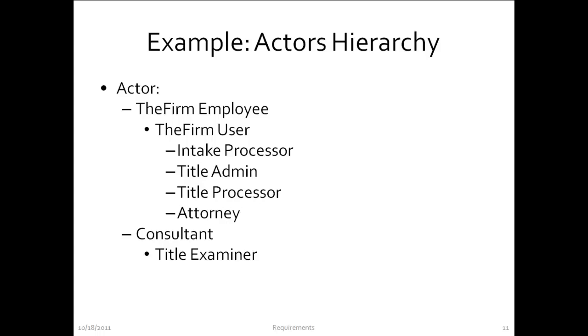So once again, the actor hierarchy defines the prototypical users in a system. These users are structured in an inheritance hierarchy, starting with the most general sets of users and trying to be more and more specific. Keep in mind that users might be both external to an organization as well as internal to an organization. Okay?